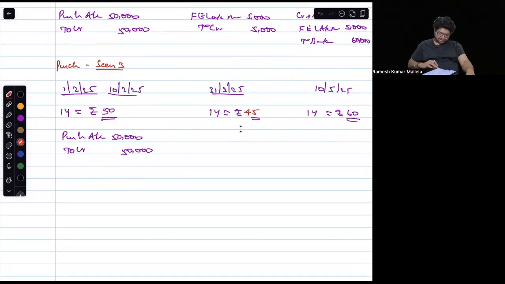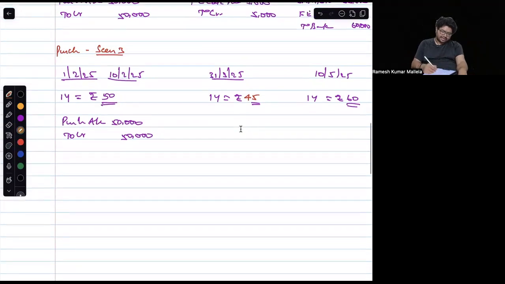What will you do now? What will be the entry here? Creditors, it is reducing now. Creditors account debit to foreign exchange gain 5,000, right?